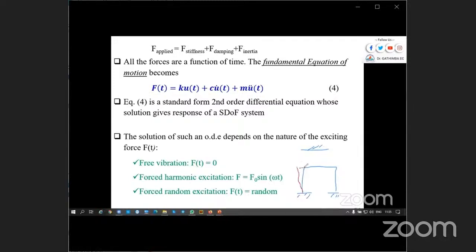So we pulled this structure from the initial resting position. That was the initiation of our motion. We applied an initial displacement here, u naught. Okay, so we displaced with a certain margin, then we release. If we release and allow the motion to continue, then that's a free vibration.